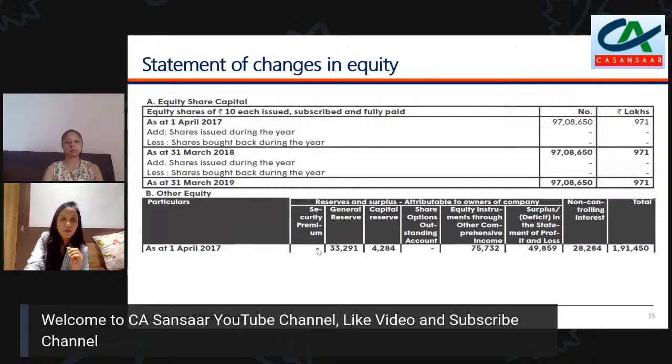You have securities premium, general reserve, capital reserve, share options outstanding reserve, nothing but the ESOP reserve, equity instruments through OCI as I've discussed, and the surplus in the statement of profit and loss. And you have one more component which is called the non-controlling interest component. So this is the illustrative statement of changes in equity, which is a format.